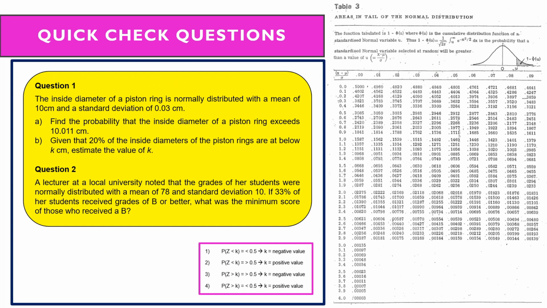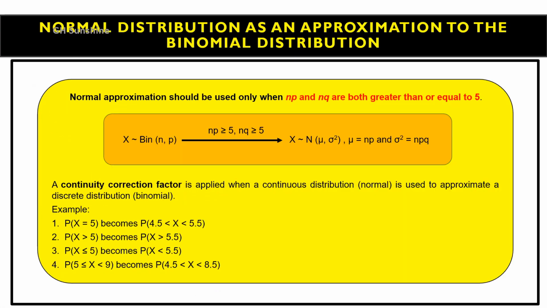You can try to do this quick chat question and you can check the answer. So this one, normal distribution as an approximation to the binomial distribution. So look at here. The original question is binomial distribution with two parameters, n the number of independent trials, and p which represents probability of success.